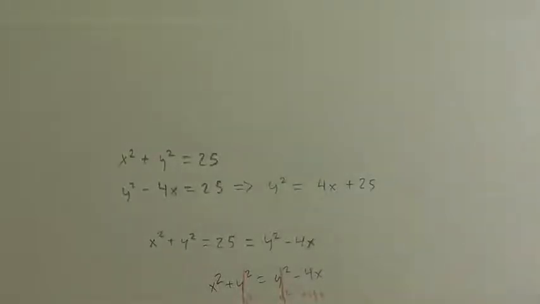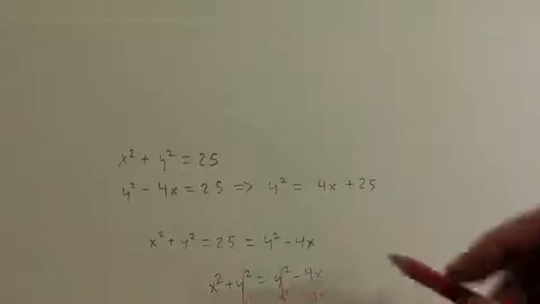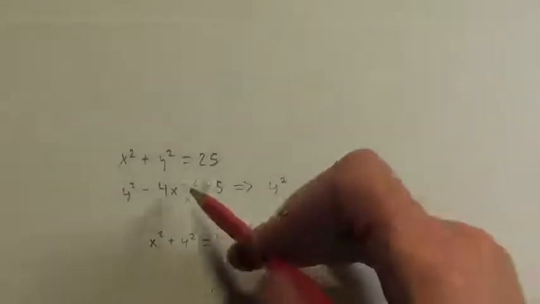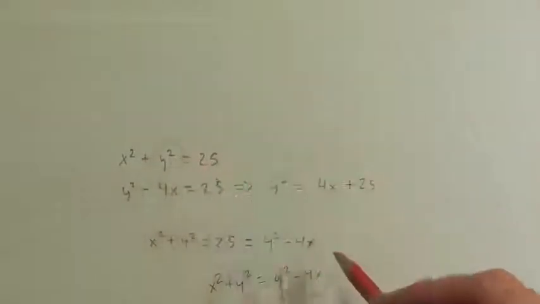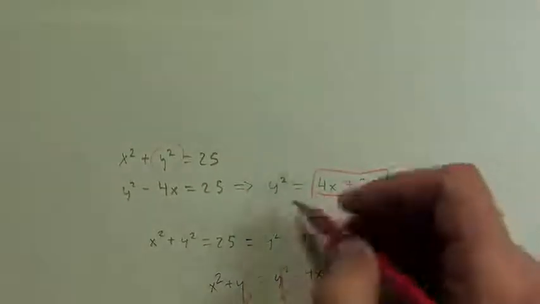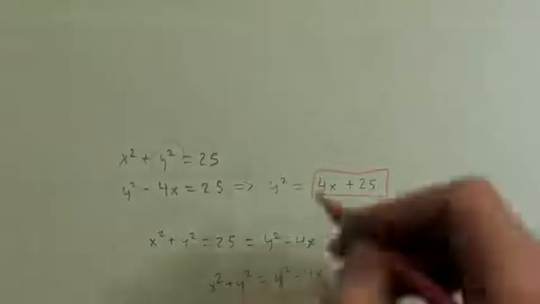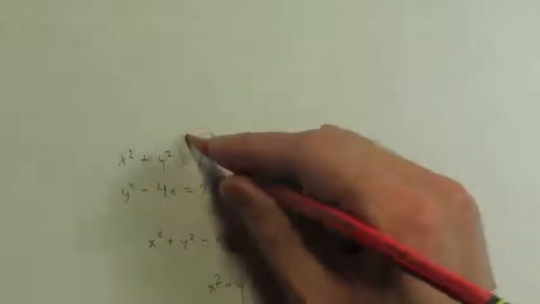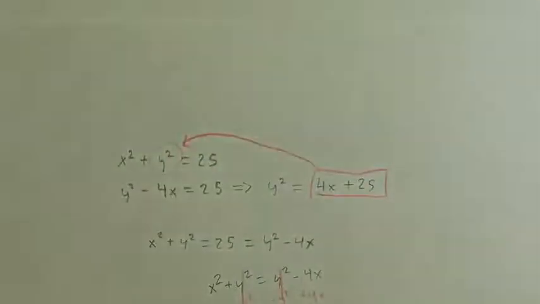And instead of solving for y directly, you may have looked at that and thought, well, I'll solve for y squared because that's what I have here. If y squared is 4x plus 25, and I have a y squared in equation 1, what happens if I just plug that in directly?